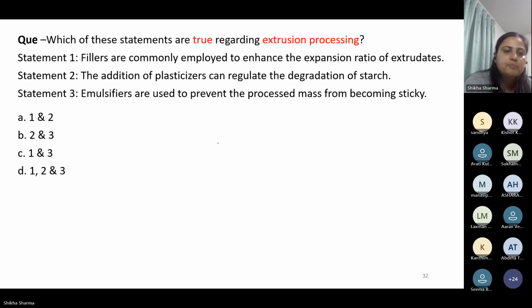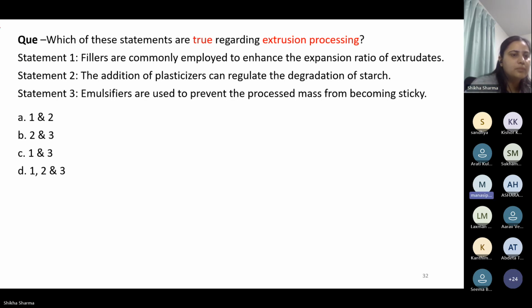So 1 and 3 are used. But the second one, let's decide. This is a very minute difference, and we need to tell which is true. I think 1 and 3.